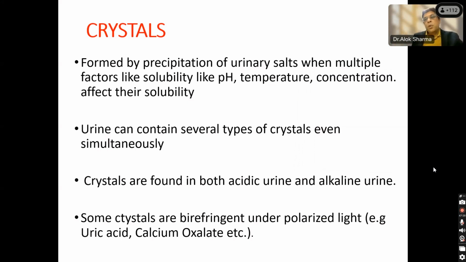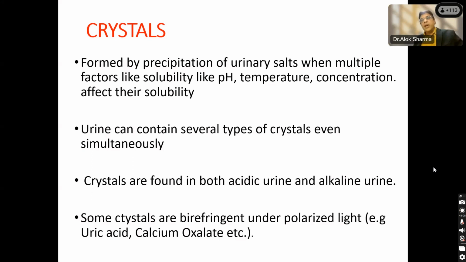Looking at crystals and identifying them in the correct clinical context is also a very important part of urine sediment examination. It is useful to remember that these crystals are from a precipitation of urinary salts, and there are numerous factors which affect this: pH, temperature, and the urinary concentration. These things affect the solubility and cause precipitation.